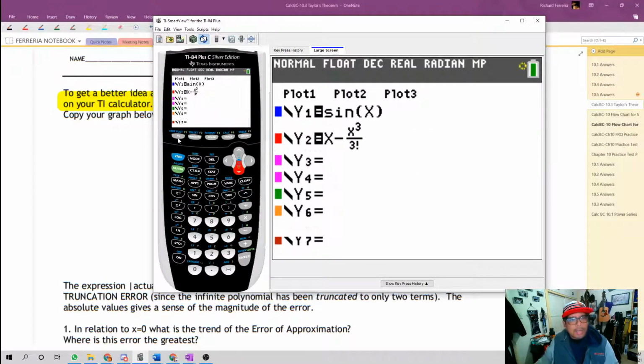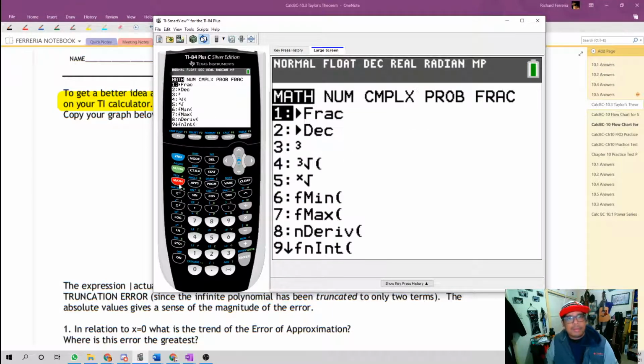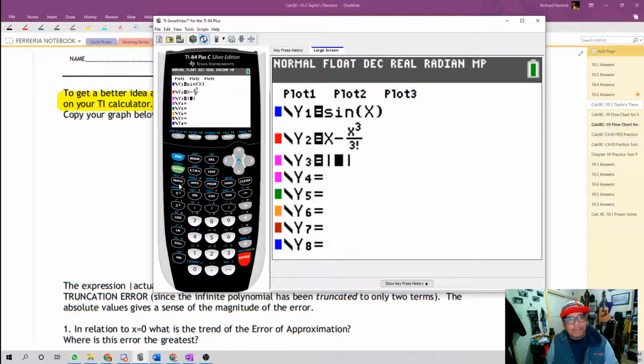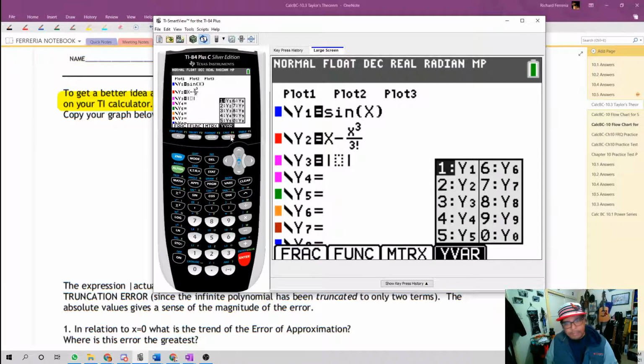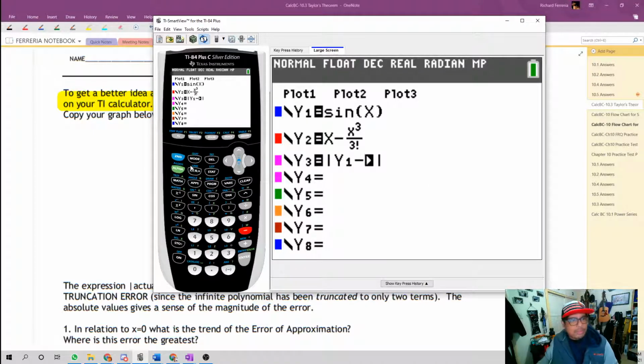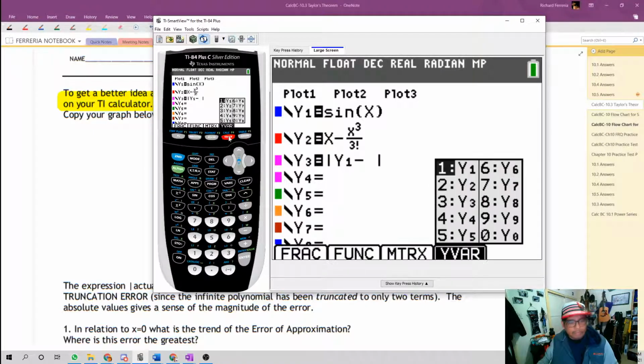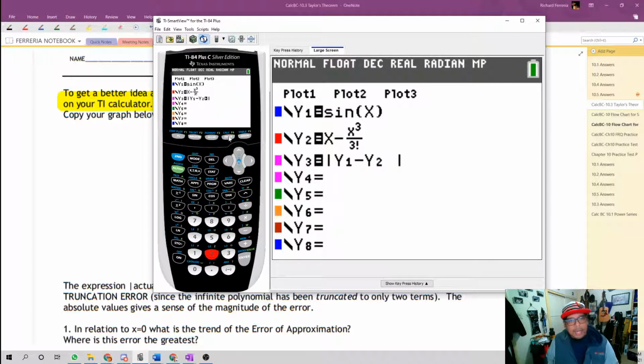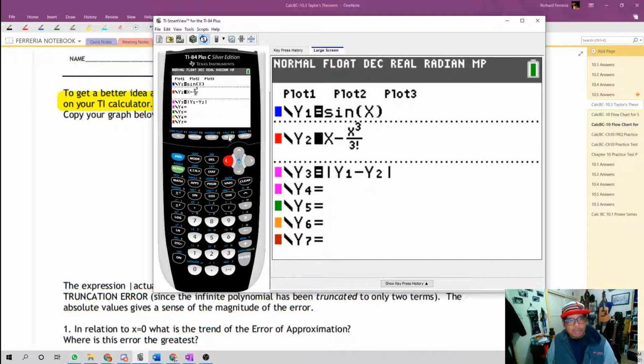And we wanted the absolute value, and that's in math, number, absolute value, of y1 minus y2. And then we also want to turn off graphs 1 and 2.